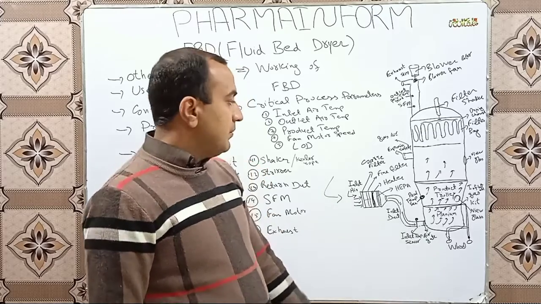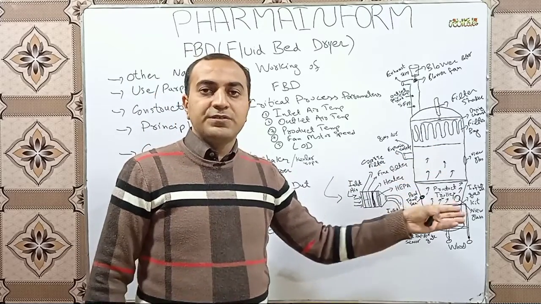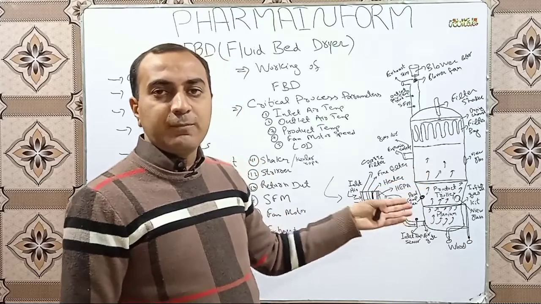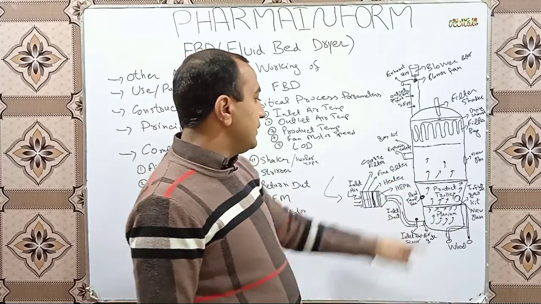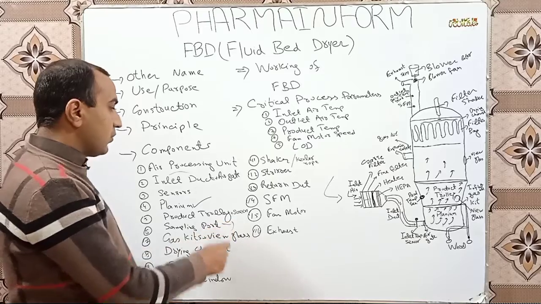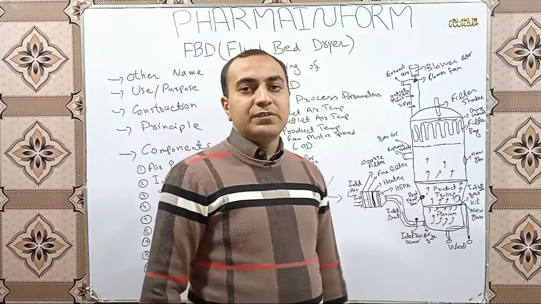in the BMR. How will we know that our product is dried? Basically, on the product trolley we have a sampling port.